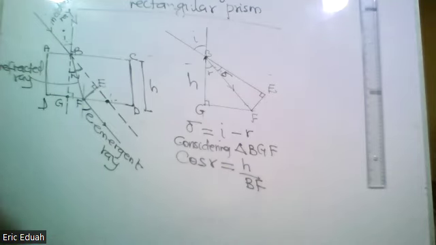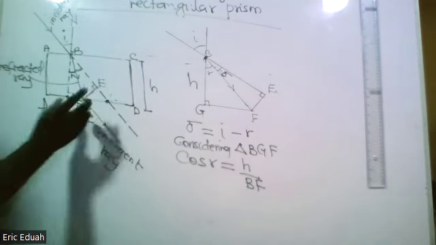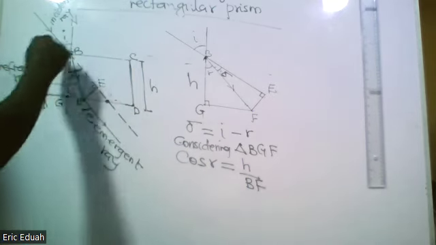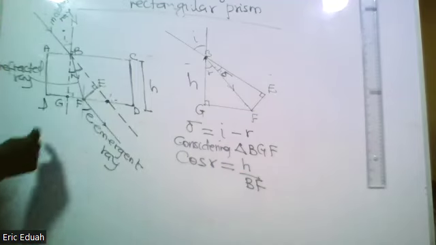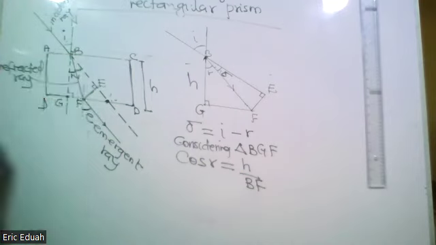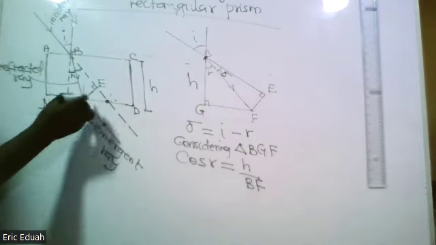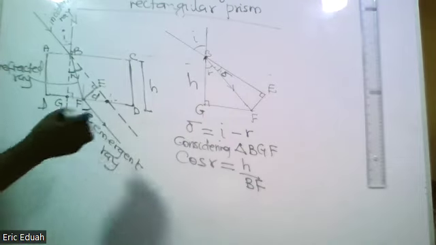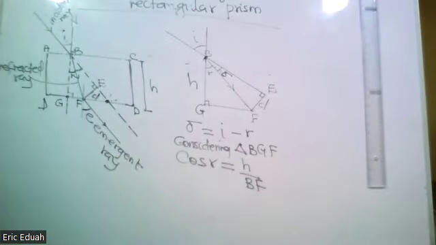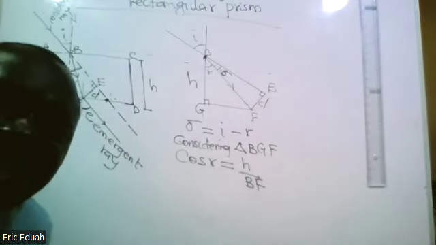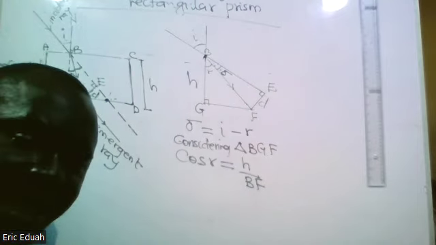Now, we want to see how the ray has been displaced from its original path. This is the original path, and now it has been shifted to this side. So we want to determine the distance FE. Let's represent FE by the symbol D. We want to see how the ray has been displaced laterally.